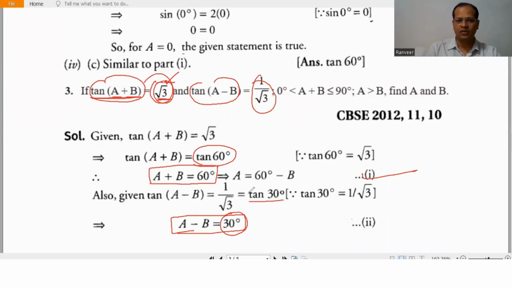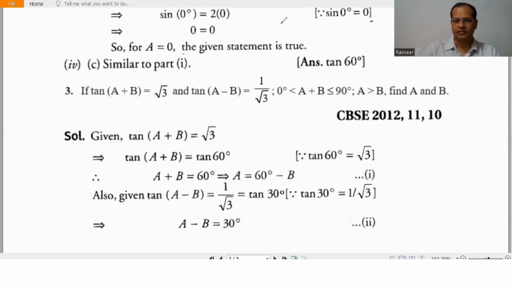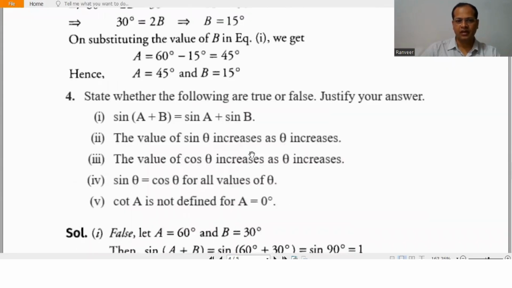So A plus B equal to 60, this is the linear equation, A plus B equal to 60 and A minus B equal to 30. Just we have to solve, this will cut, so 2A equal to 90, so A equal to 45, this is 45 degree. So A is 45, so B is 15 degree. So in this way we can solve. A is equal to 45, B equal to 15.